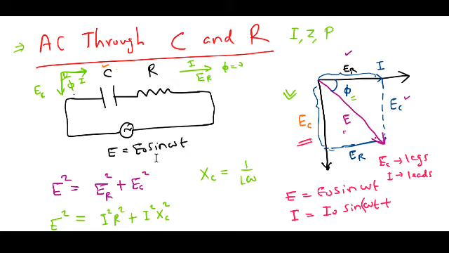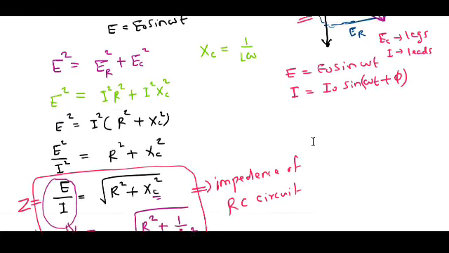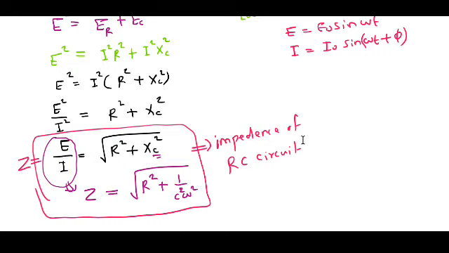Therefore, here I write plus phi. This trick I have already explained in the last lecture. What is this I0? I0 is nothing but E0 by Z, where Z is the total impedance, that is root of R square plus Xc square, and Xc square is nothing but 1 by C square omega square.